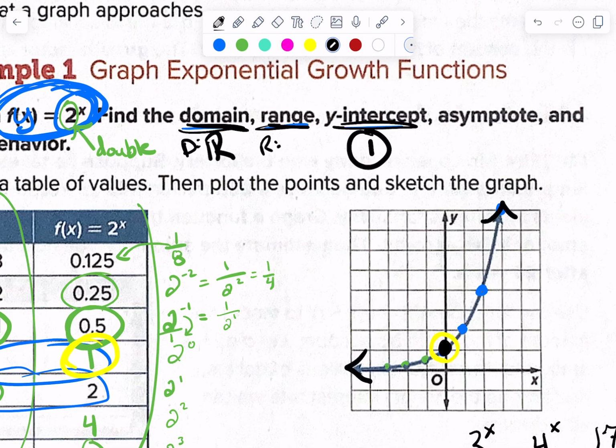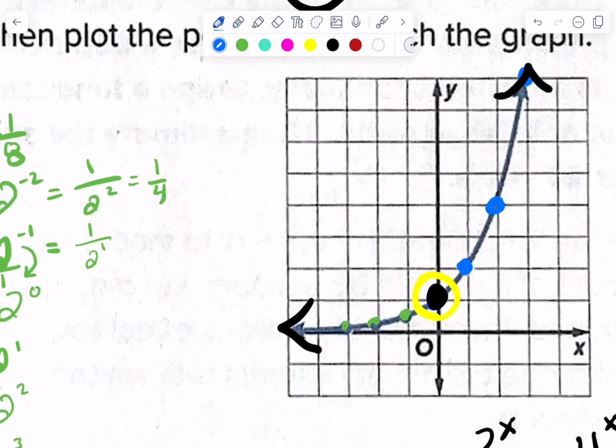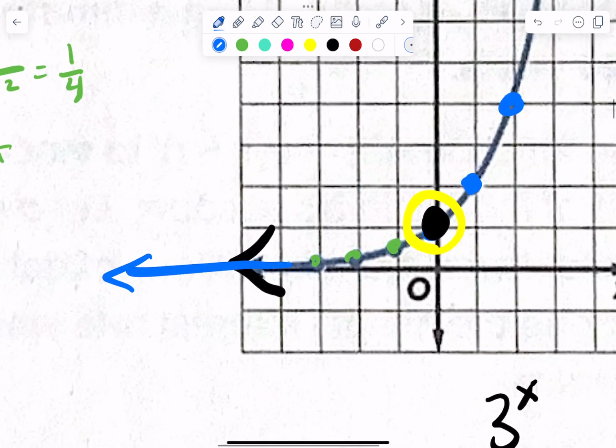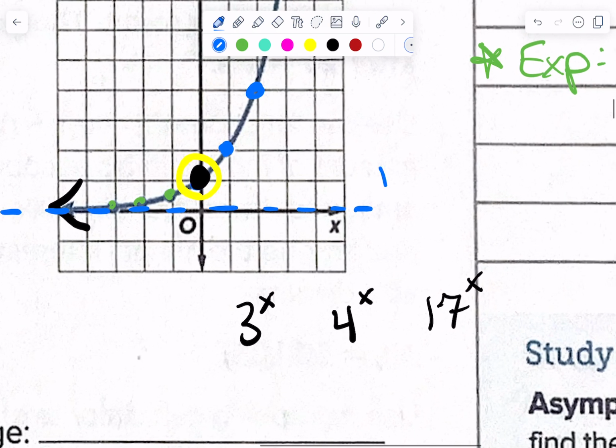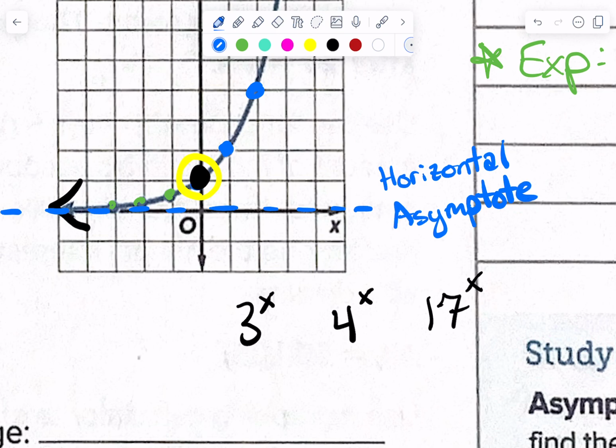Now, range. Before we do that one, let me talk about this guy. He does not go down forever. He levels off, and he has what's called a horizontal asymptote. Have we talked about asymptotes before? Nope. He is a horizontal asymptote. That's how you spell asymptote.